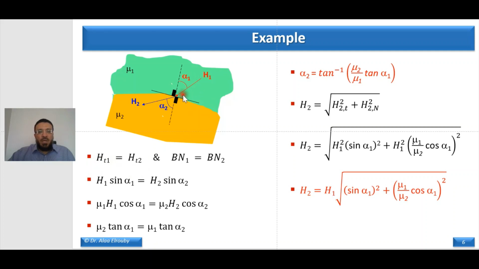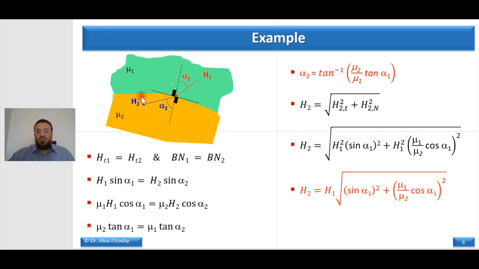Here, this is H, so when we do the decomposition, H tangential will be in that direction, and H normal will be in that direction. The normal component will be multiplied by cosine alpha 1, the tangential component will be multiplied by sine alpha 1. So H tangential 1 is H1 sine alpha 1.